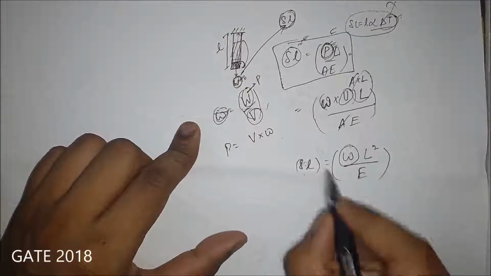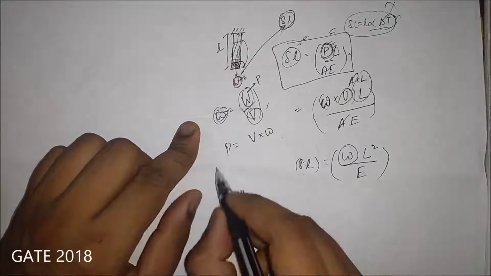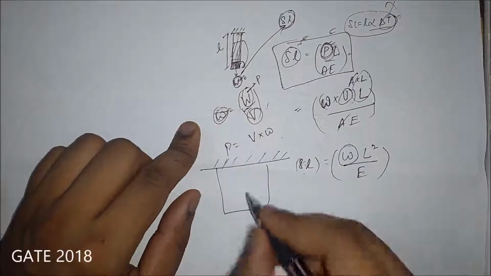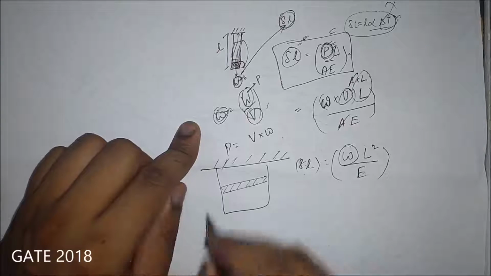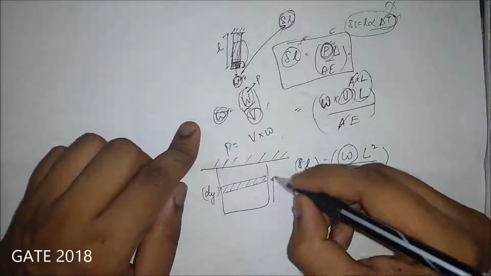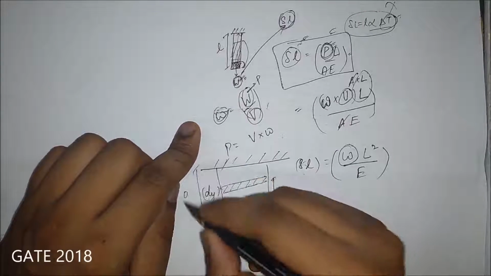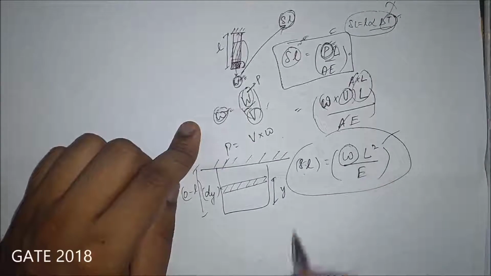Now as it is changing, we have to integrate. Taking an element, say dy, at a distance of y from here, and integrating from 0 to L, we will get the answer for change in length.